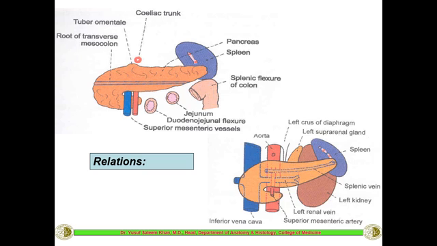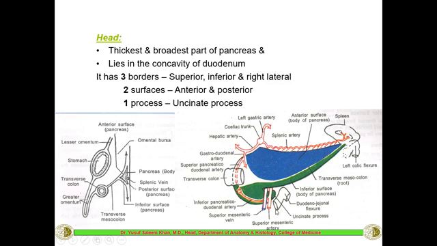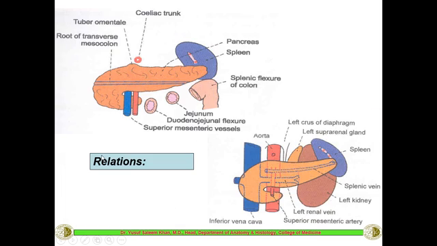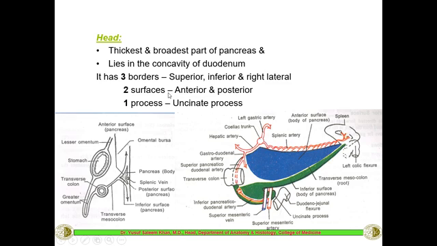Coming to the relations, anteriorly, as you have already seen, especially the head part is in relation to this cavity here. This is called the lesser sac, and in front of that will be the stomach itself, which will be in contact with the head of the pancreas, as well as the root of the transverse mesocolon.